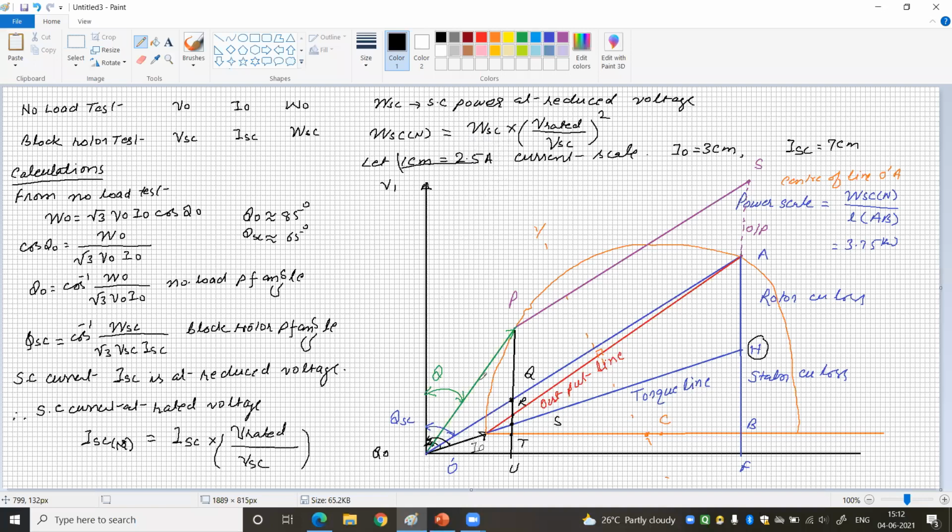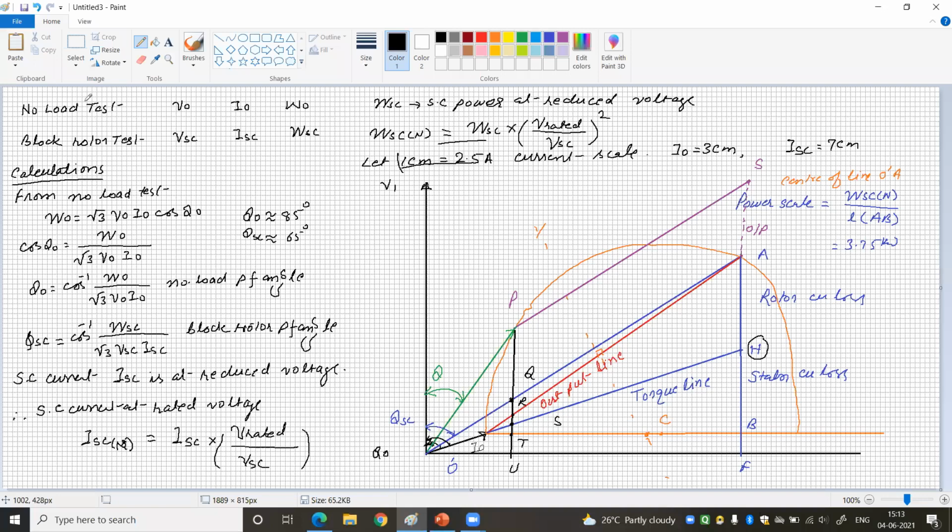Now take the distance and draw an arc, and that point is nothing but P. Now P is extended in parallel with the output line, so it will give the output power. So the output power location S or P can be determined either by the output power given or by the full load current given. So this is the way to construct the circle diagram.